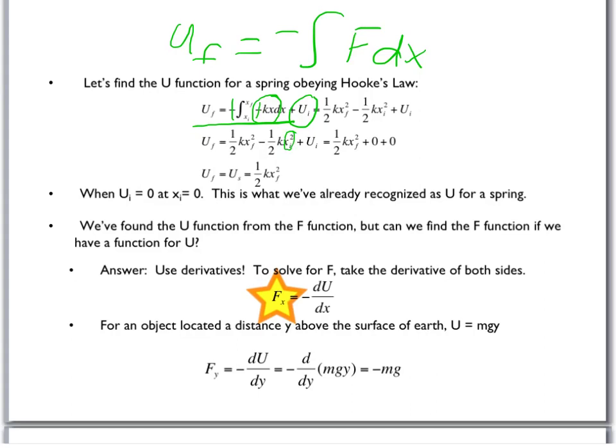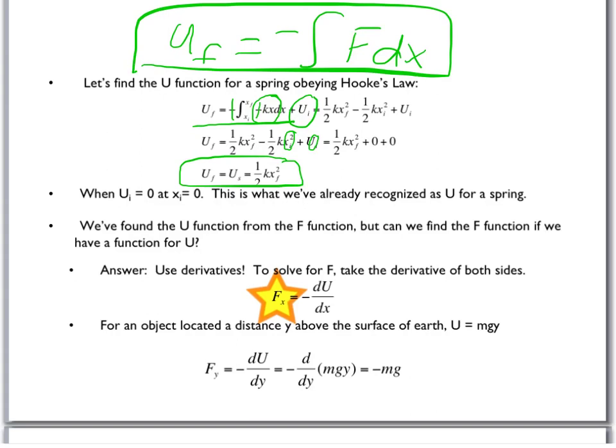And if we say that the initial potential energy at that position is also 0, what we end up with is just the potential energy of a spring being 1/2 kx squared. We already knew that this should be our final answer since we've been using this in other parts of Chapter 7 as we've been analyzing energy problems. So here we see that Uf equaling the negative integral of force works for a function where we knew what that answer should be. It checks out for springs.